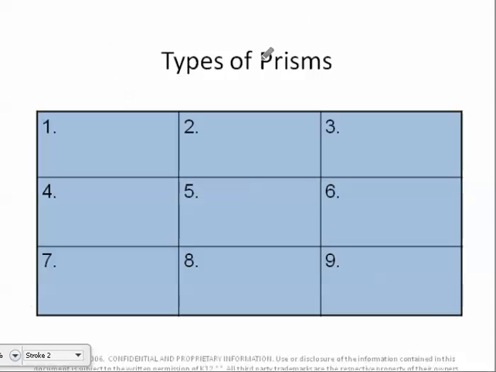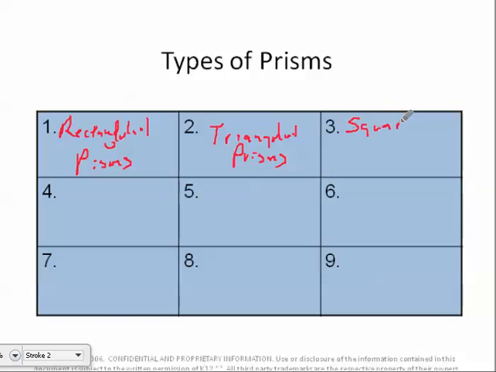Okay? So, what kind of prisms does this work with? Well, it works with rectangular prisms. It works with triangular prisms. It works with square prisms. Another word for a square prism is a cube.